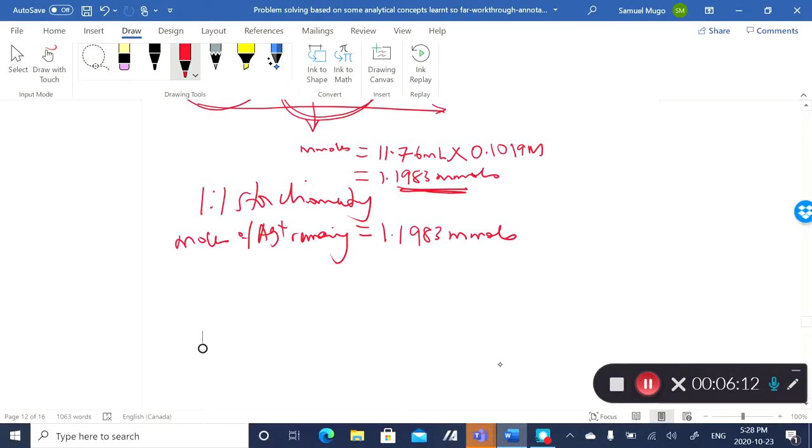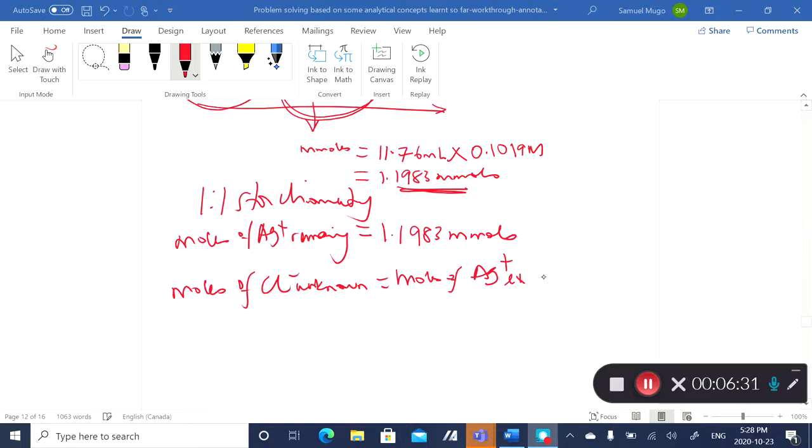Meaning now we can calculate the number of moles of chloride in the unknown, which should be equal to the moles of silver that was added in excess, subtracted by the moles of silver that remained.